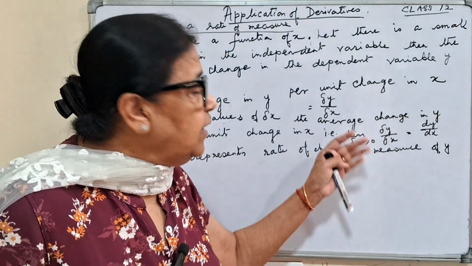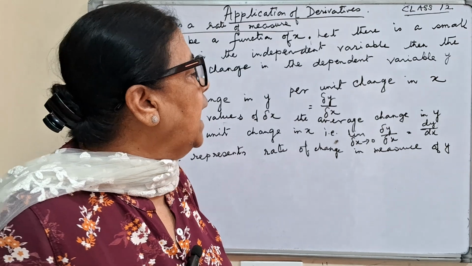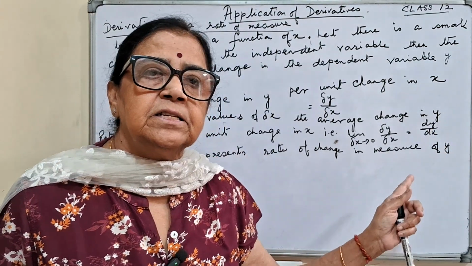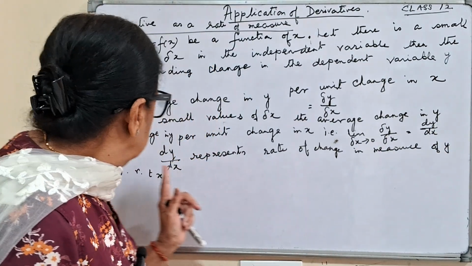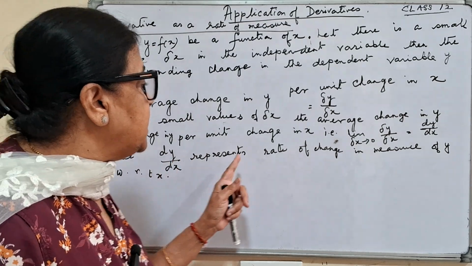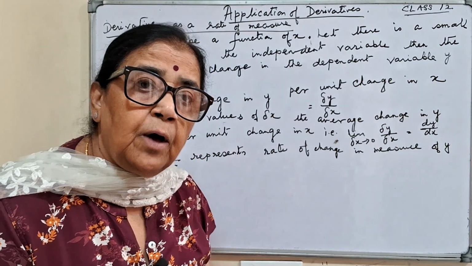Since it is a very small quantity, we can write dy/dx. So dy/dx represents the rate of change of the measure y.